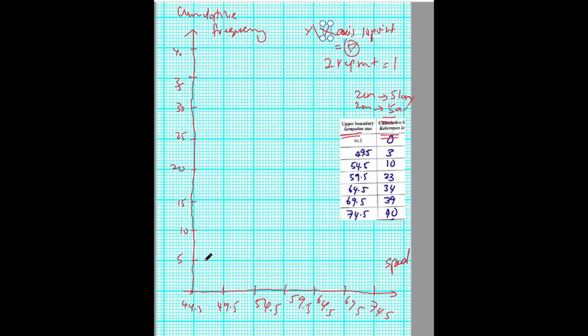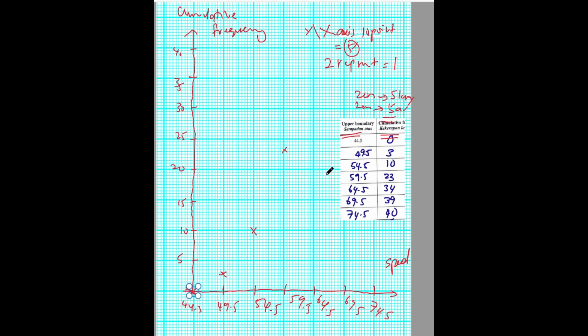So we have 44.5 and 0, which is here. Then we have 49.5 and 3. So 3 means 3 times 2, which is 6 above the line, or 4 below 5, which is here. Then 54.5 is 10, which is here. Then 59.5 is 23, this is 20, and 23 means 6 above the point, so it is here.